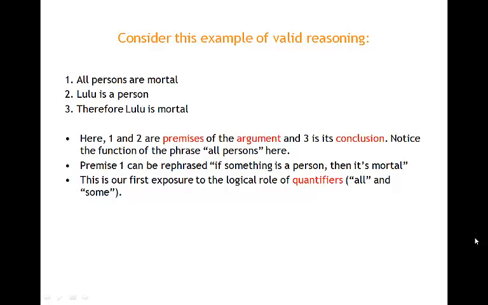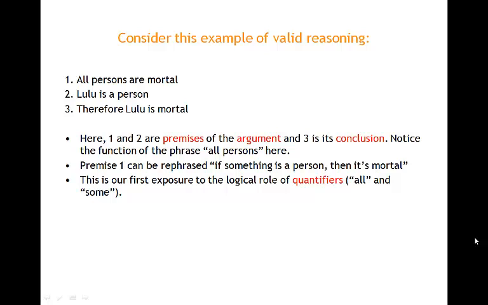Okay, so another example of valid reasoning. Here we're going to say, all persons are mortal, Lulu is a person, therefore Lulu is mortal. And this is another formal structure, or framework, or pattern, into which you can plug any content as long as you're consistent.